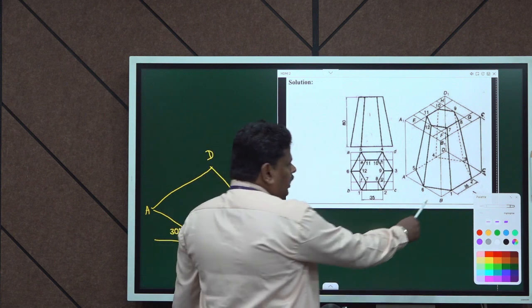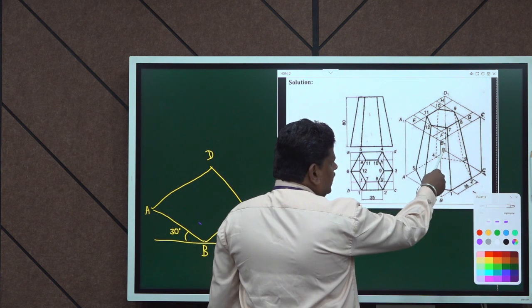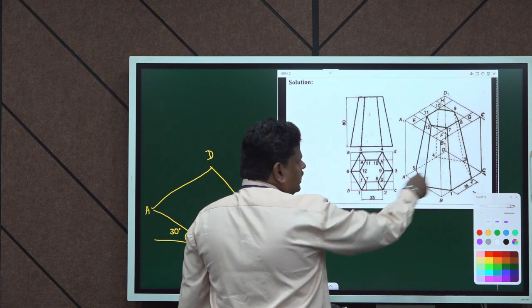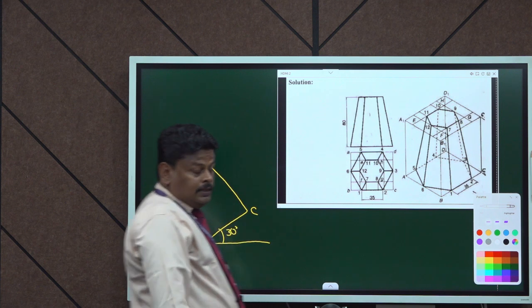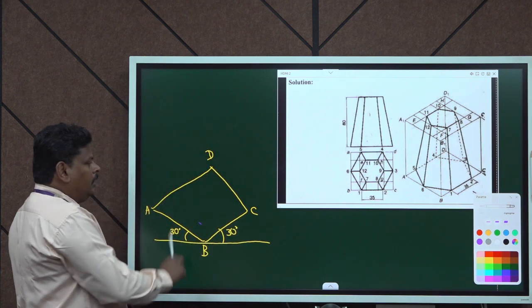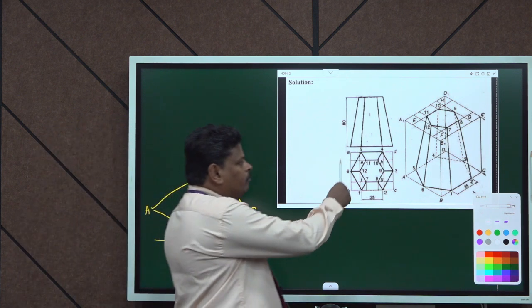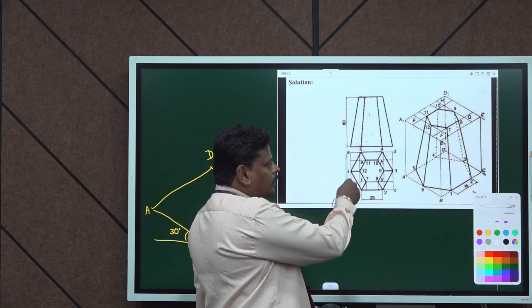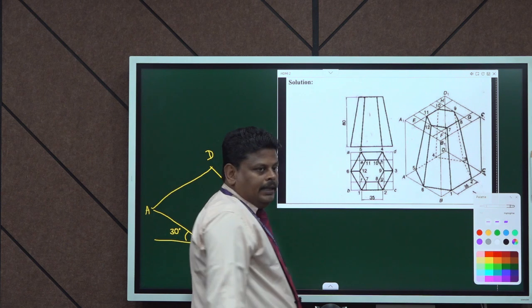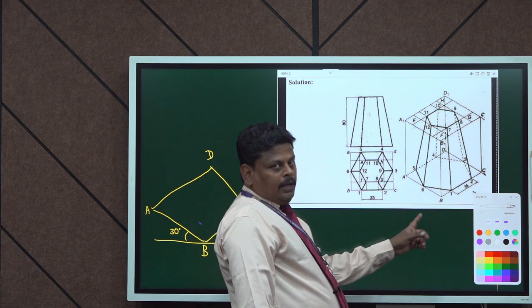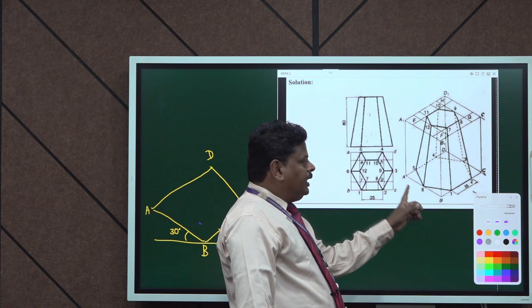You can see AB, BC and CD as well as AD. So that is the box which has been drawn as in the top view. We mark the labels in the top view in small letters, while we mark the same labels in the isometric projection with capital letters.